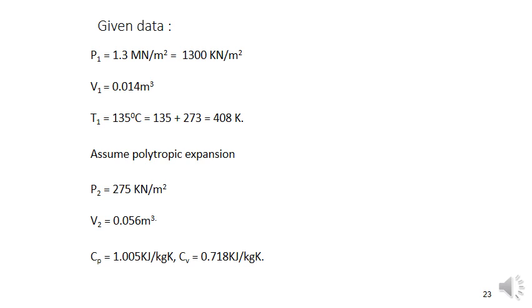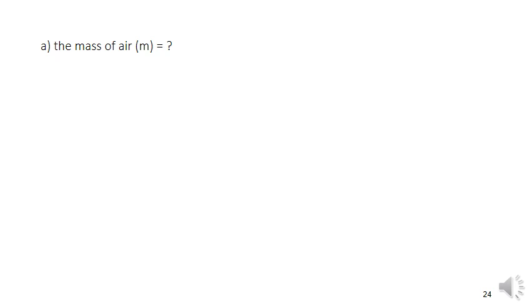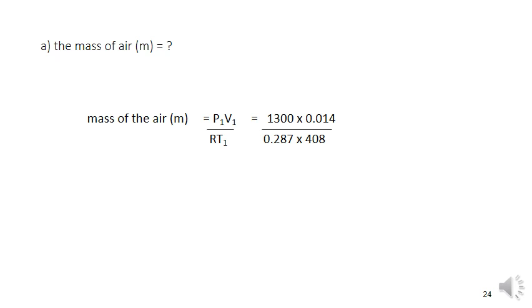So Cp and Cv. First we have to calculate the mass of the air. We know the ideal gas equation PV is equal to mRT. From that, m is equal to P1 V1 by R T1.